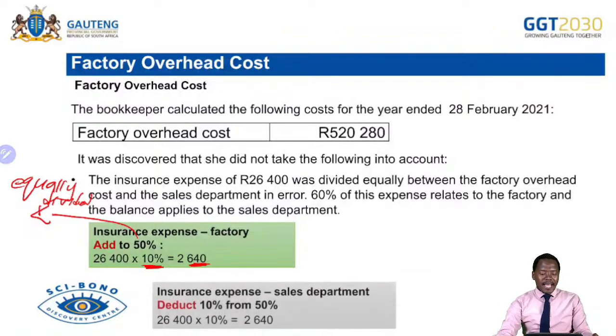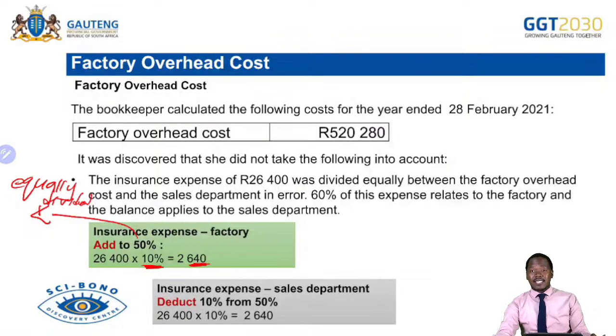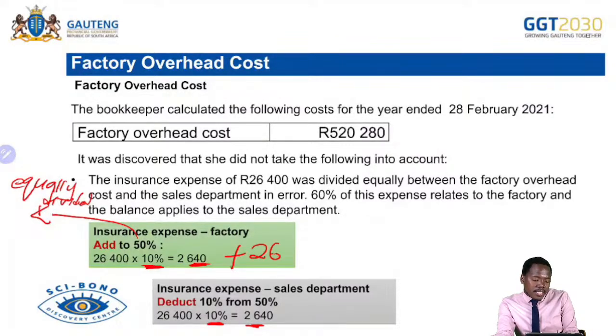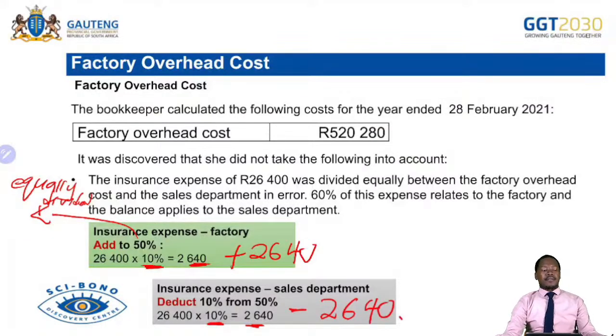Right, but for my selling and distribution, which is the sales department, I'll have to deduct, I'll have to reduce it because it was overstated at 50. So I'm bringing it down to 40 by removing the 10%. So it's 2,640 less, but on the other one, it's 2,640 more. For the factory, it's plus 2,640, but for the selling, it's minus 2,640. Remember, where is that coming from?